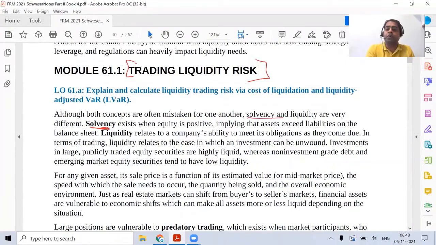So they are trying to make you understand that if you're solvent, that does not mean you might have liquidity available with you. Now I want you guys to read this entire first paragraph, the last 4 lines. Kindly read the same.